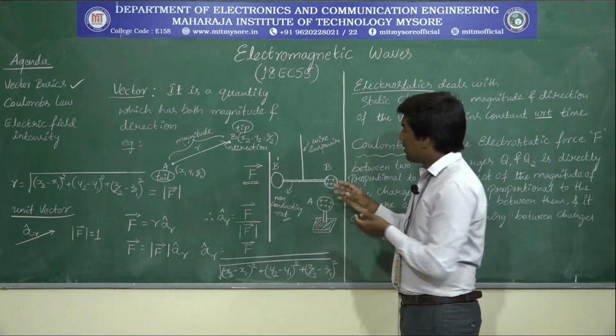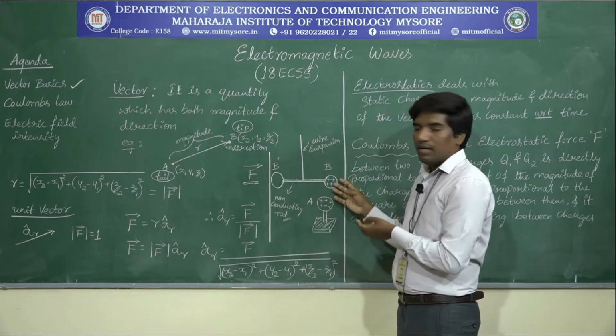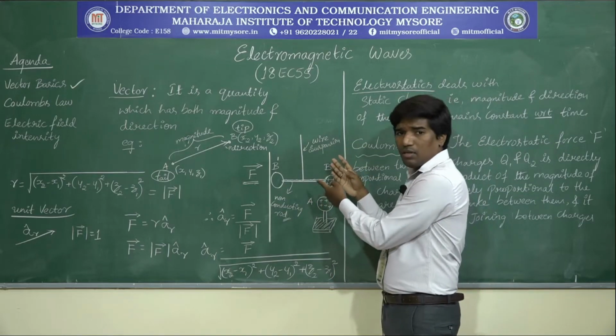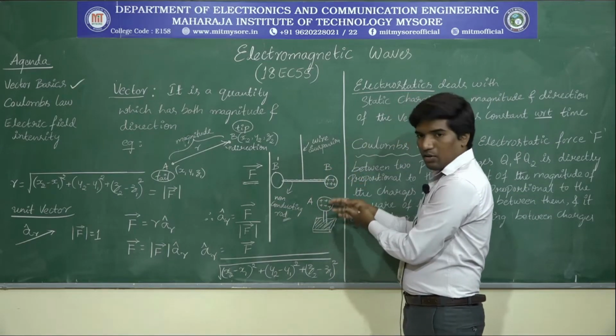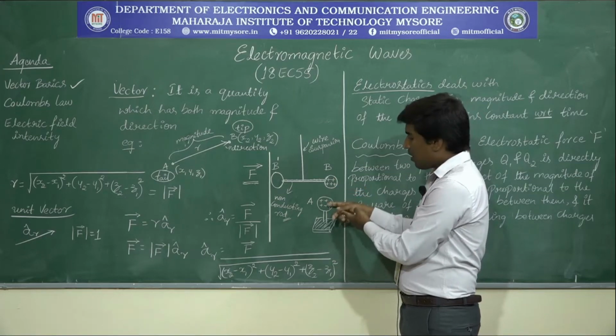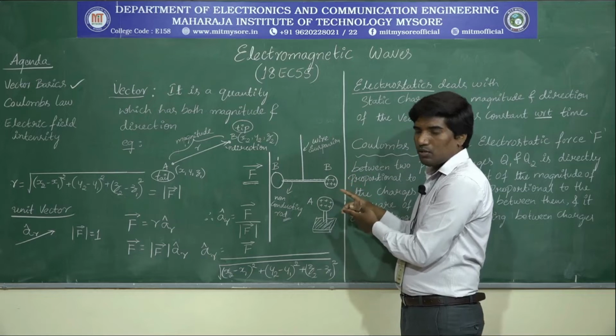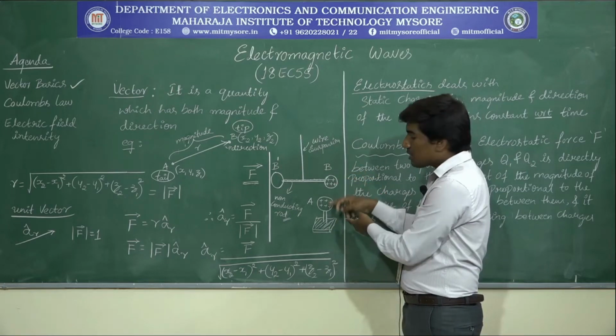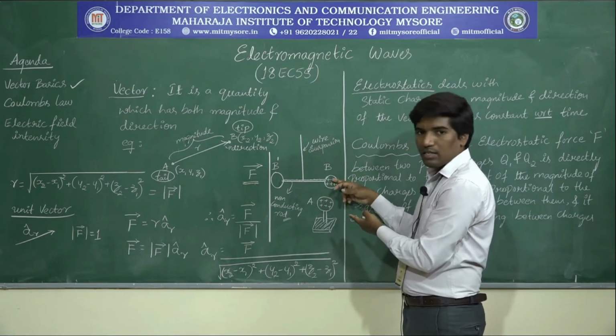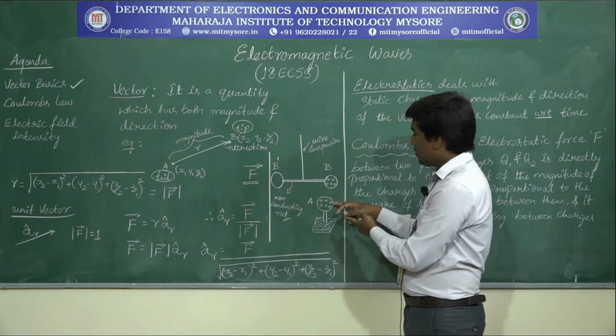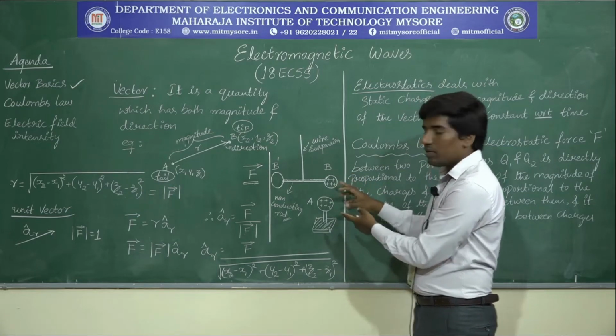I will repeat: in this particular experiment, Coulomb observed that the electrostatic force between two charged bodies is directly proportional to the product of their charges and inversely proportional to the square of the distance between them.